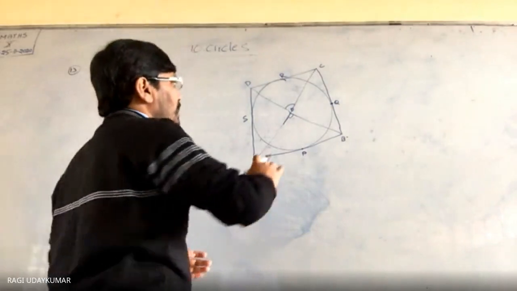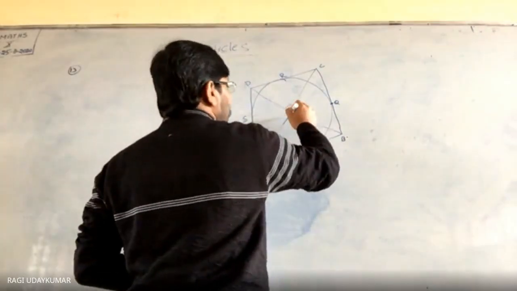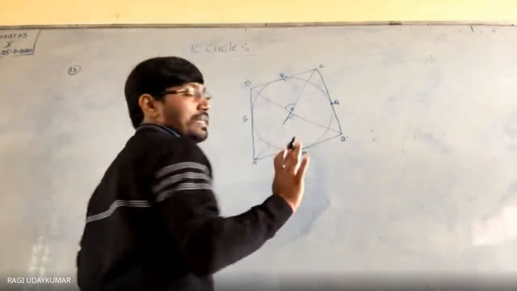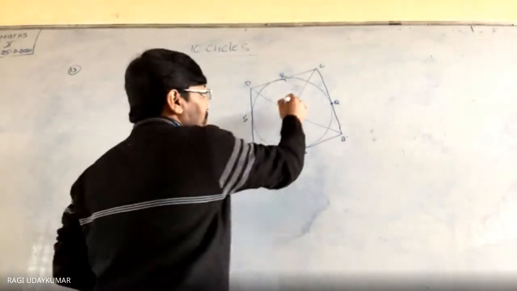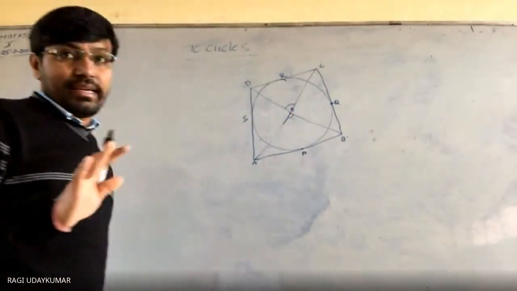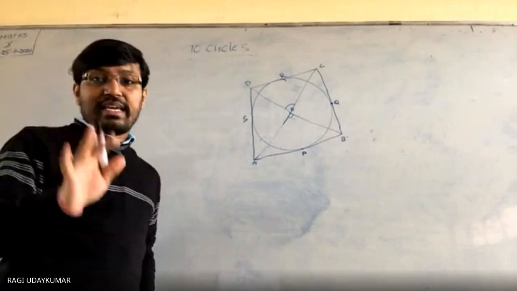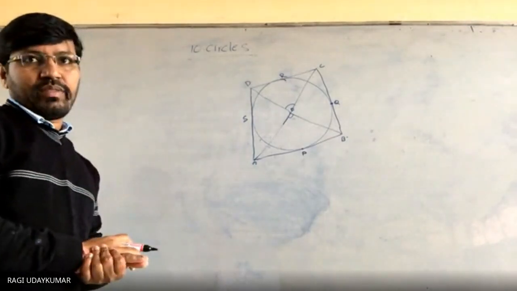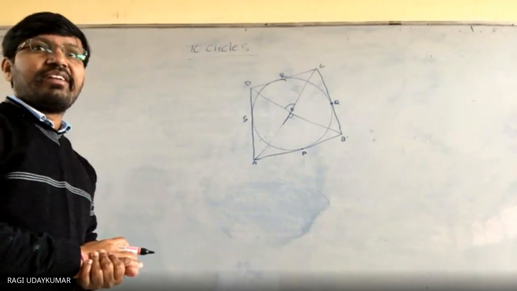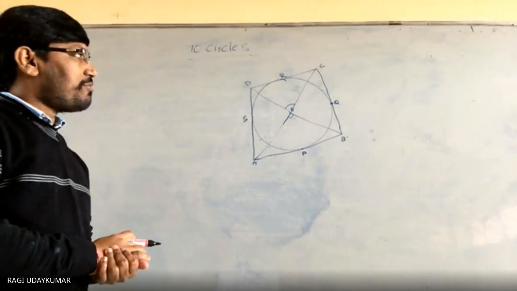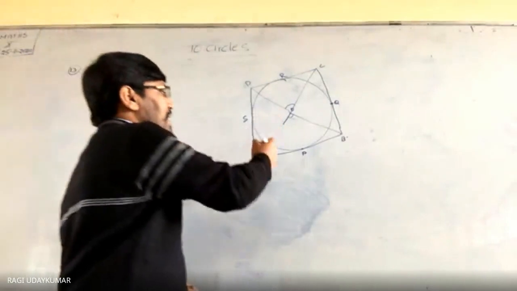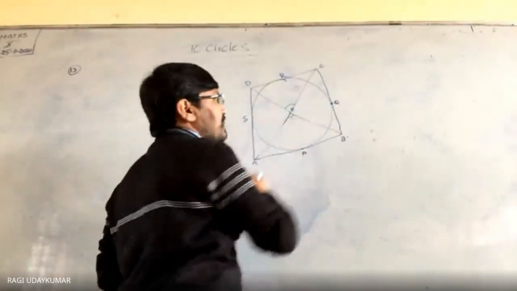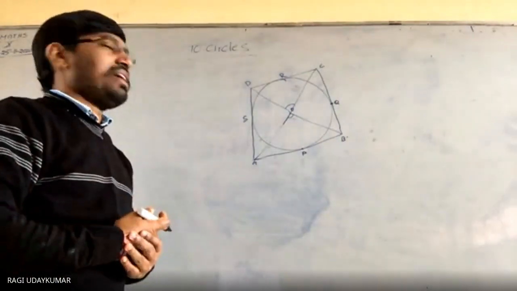Here these two are supplementary. Don't consider that these two angles are vertically opposite angles, they are not. They won't be vertically opposite angles. It looks like that because it is a quadrilateral. You may get a different shape if you draw the quadrilateral in a different way. Don't think it is a straight diagonal.